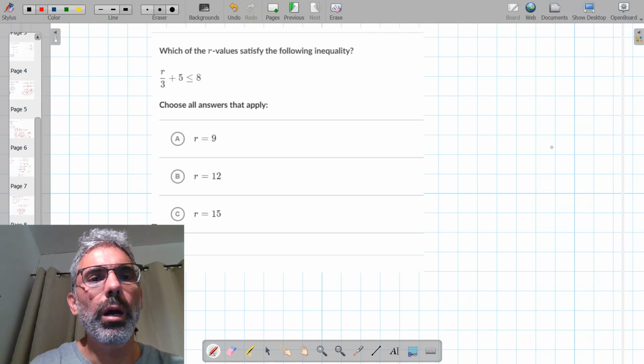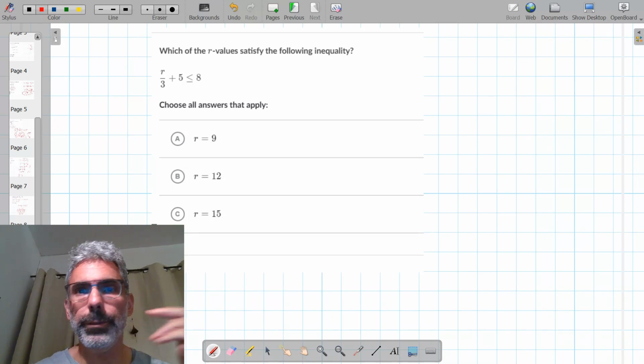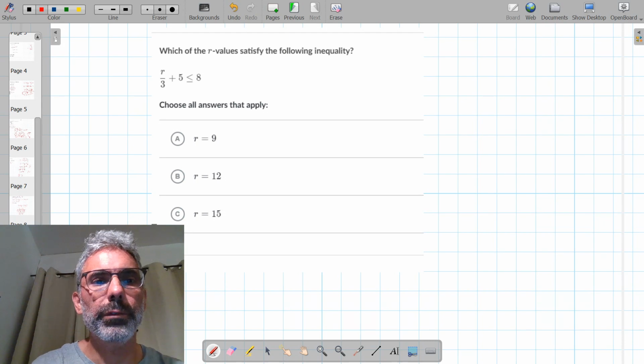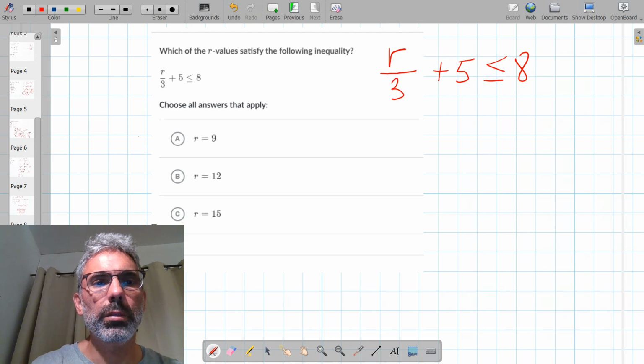Which of the R values satisfy the following inequality? Okay, so let's try the first value. The inequality is R divided by 3 plus 5 has to be less than or equal to 8. So instead of R, let's try 9.